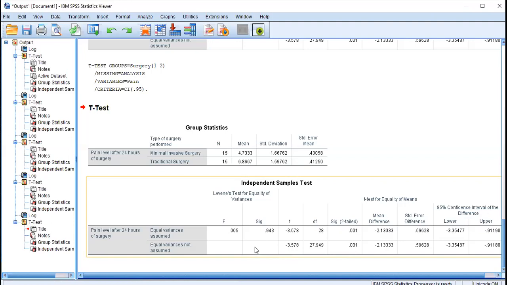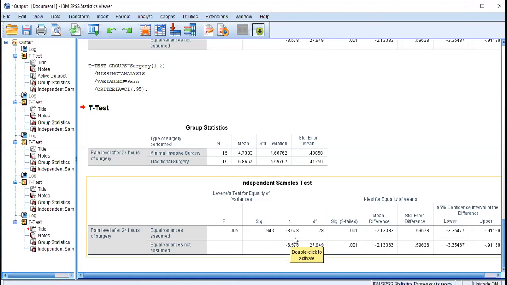In the D part, we are talking about whether we are accepting the null hypothesis or the alternate hypothesis. We simply say we accept the alternate hypothesis, since the t value is 3.578 with a significance of 0.001. Why am I saying t is equal to 3.578?